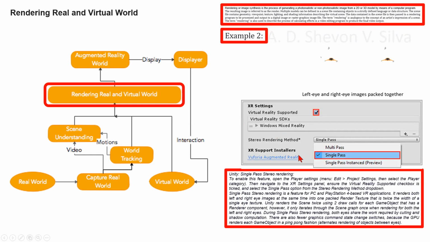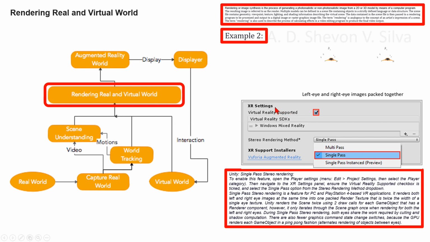As example 2, the Unity single pass stereo rendering. To enable this feature, open the player settings menu, edit project settings, then select the player category, then navigate to the XR settings panel.